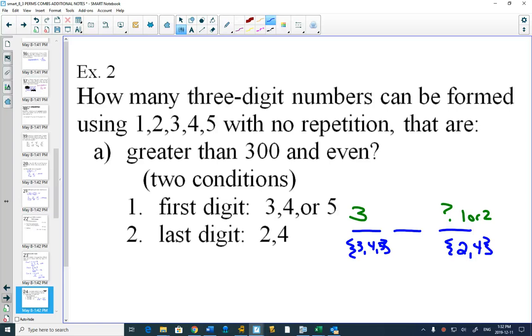Okay, so then I think, okay, well, maybe I should do the other restriction first. I should make this a 2 to begin with. What number do I put in the first one? Do you see I have a problem again? Because if I use the 2, I can put a 3. But if I use the 4, I can put a 2. And I don't know if I use the 2 or if I use the 4.